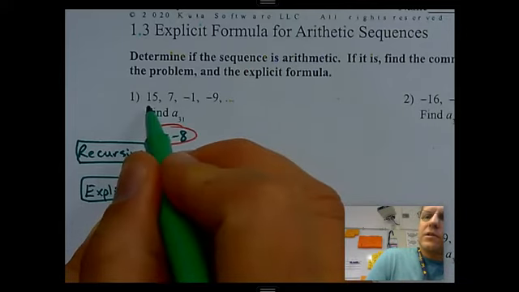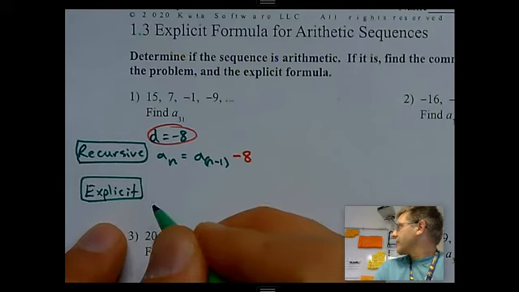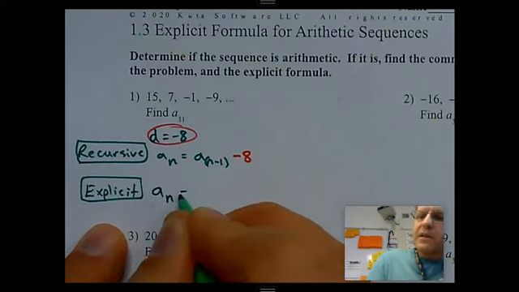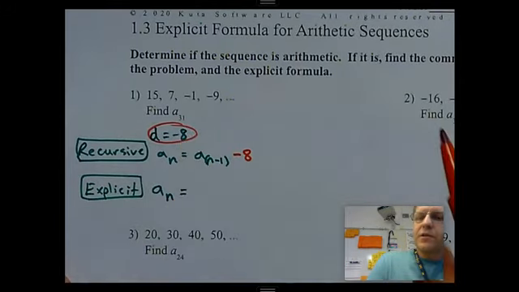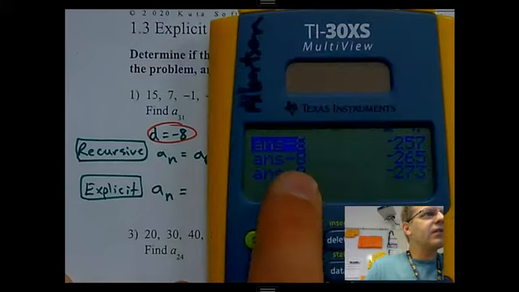So here, this explicit formula is going to look like, I'm looking at my notes up there just to make sure I do it right. So a sub n is equal to, now let's just think for a minute. If I wanted to get to the 31st term, go back and think about what I did on my calculator. What I did on my calculator was I subtracted 8 a whole bunch of times.